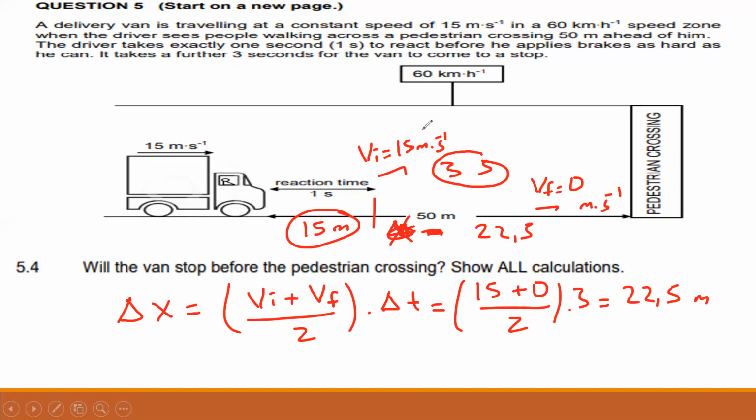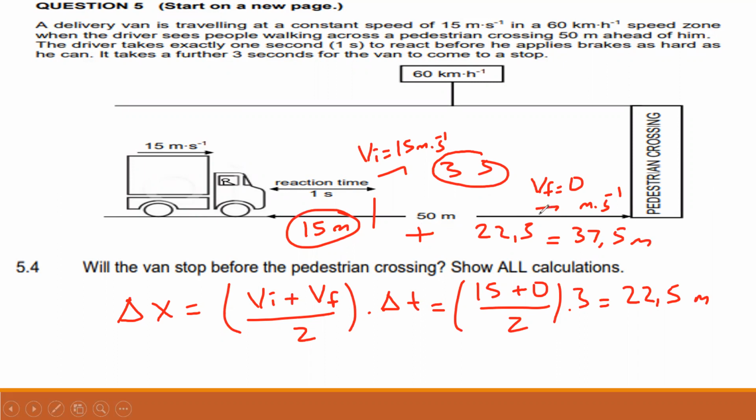We can just add both of them, for 1 second and 3 seconds. We're going to add and get total distance 15 plus 22.5 is 37.5 meters.